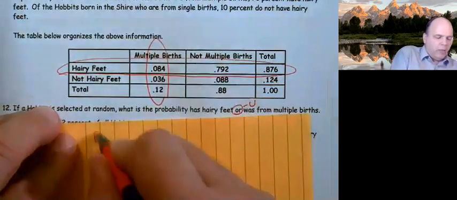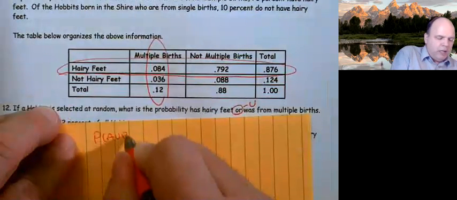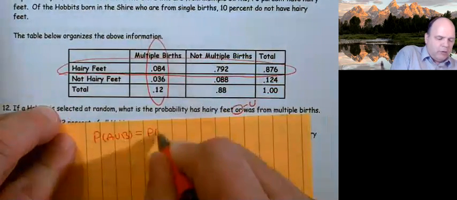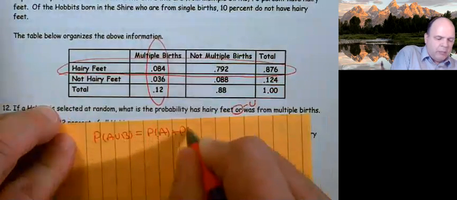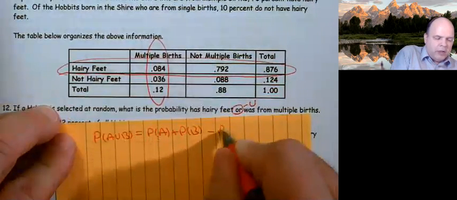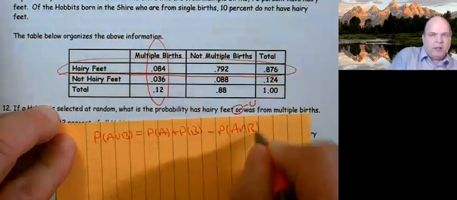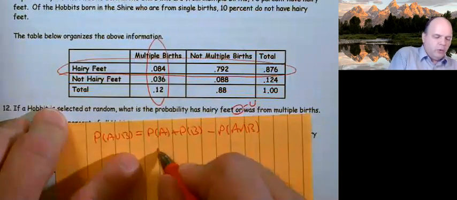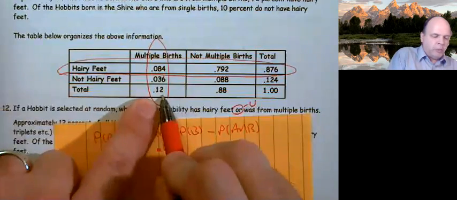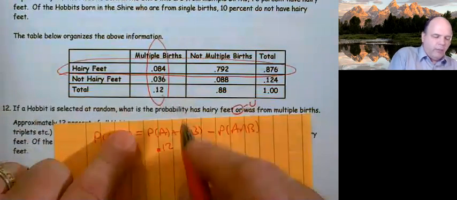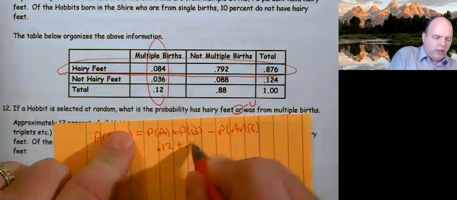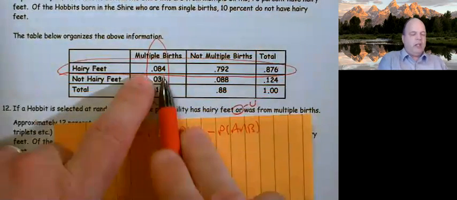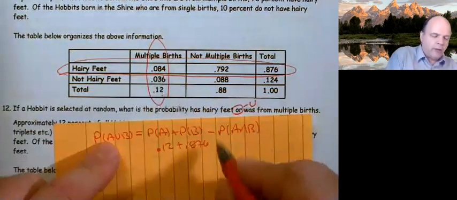Probability of A union B equals the probability of A plus the probability of B minus the probability of A and B. So A is 0.12, that's multiple births. Hairy feet, 0.876, minus the intersection, or minus the overlap.